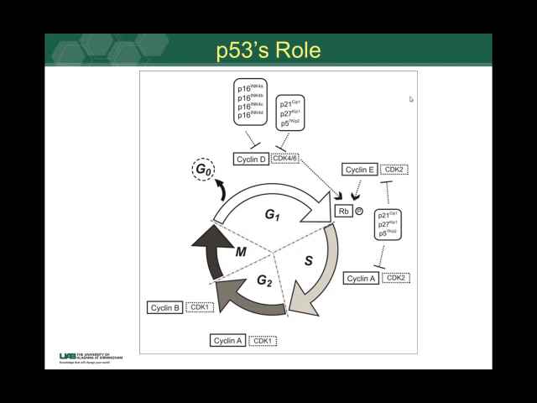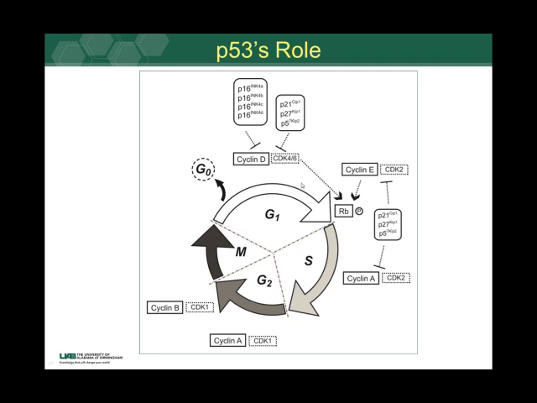Now, if there's something wrong with the DNA, then p53 increases in activity and it begins to arrest cell division, and it begins to stimulate repair of DNA, and if it cannot repair the DNA, then it destines the cell to apoptosis or programmed cell death.